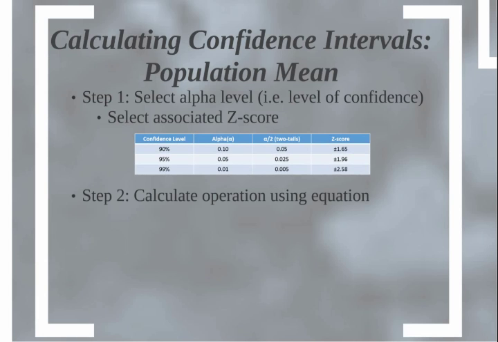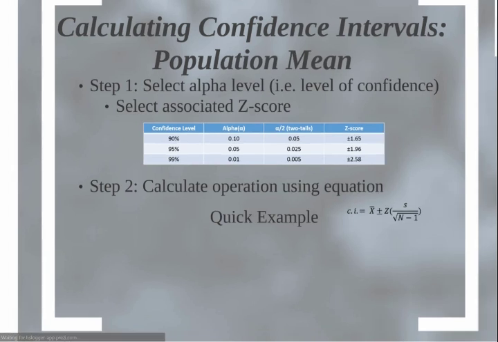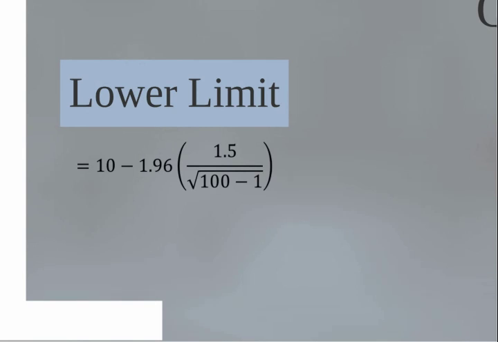So we'll calculate our operation using the equation here, as you see on the bottom right, just as a reminder. Let's run through a quick example. First we need to calculate the lower limit. In this example, we have a mean of 10 and a standard deviation of 1.5.